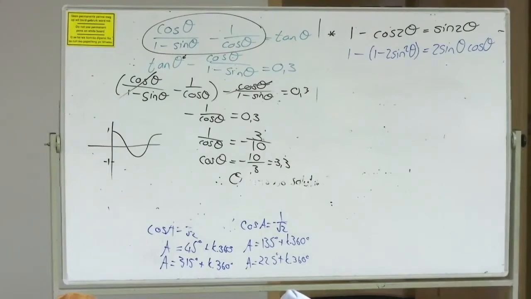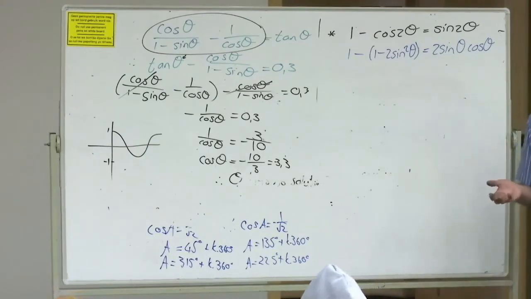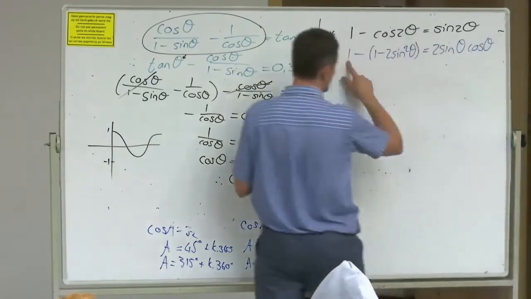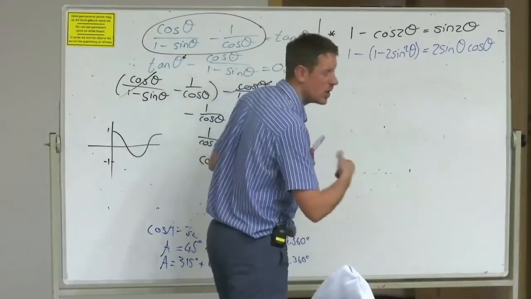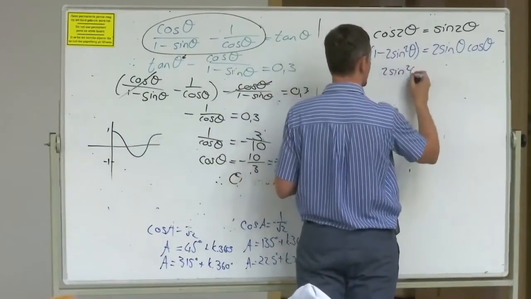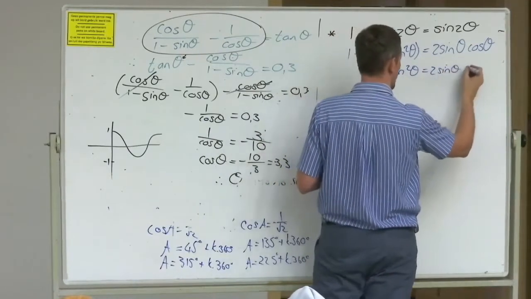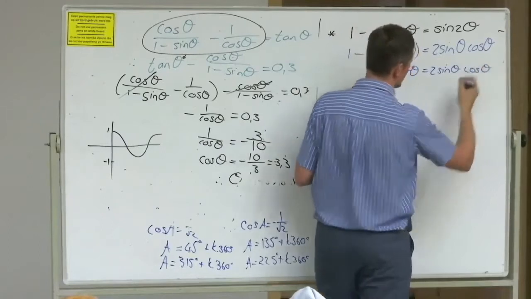So number 1, I would go and look, where do I want to go? Or can't I cancel out some numbers? Well, in this case I can, because 1 minus 1 is naught. Minus and a minus is a plus. 2 sine squared theta is equal to 2 sine theta cos theta.